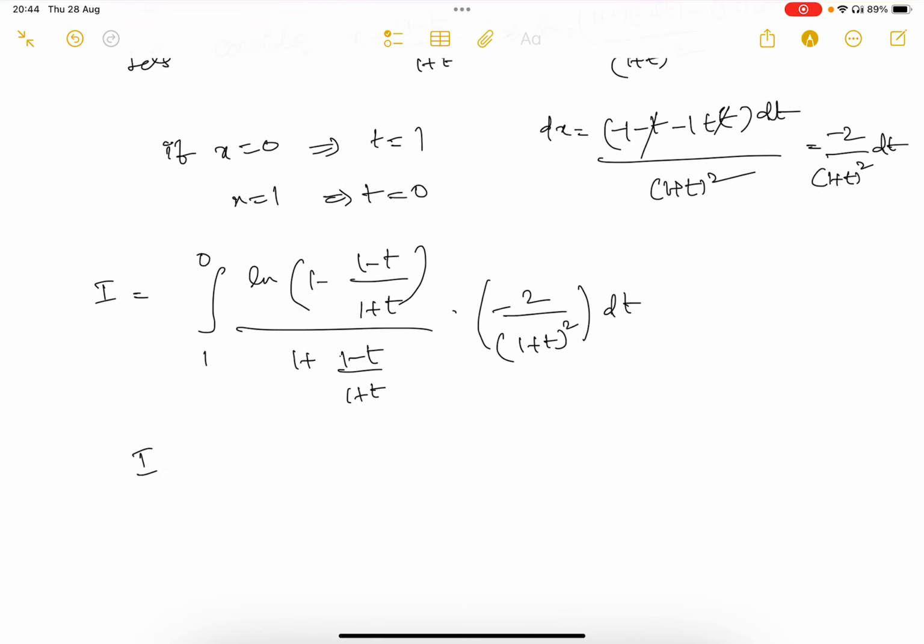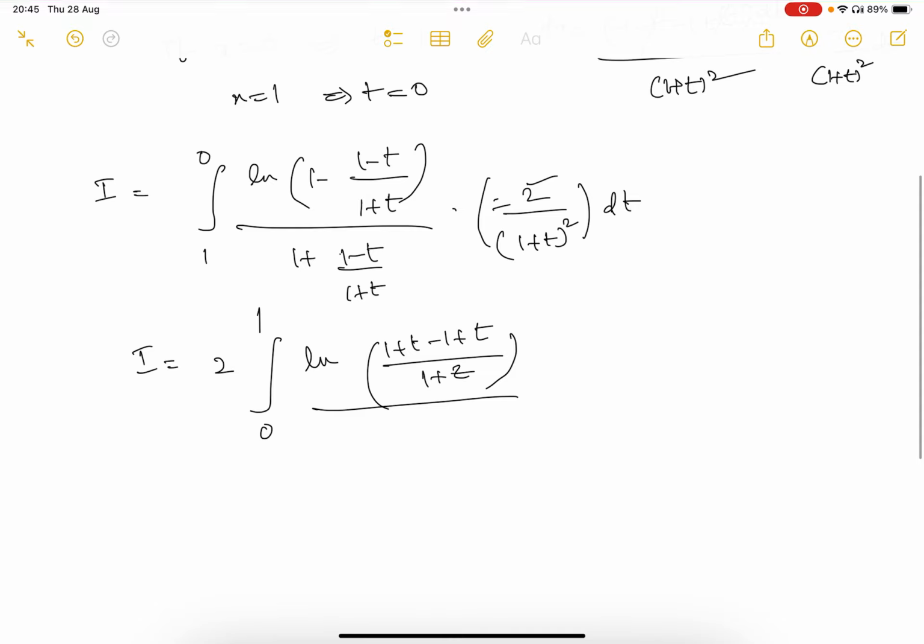So these two, bring it out of the integral. Because of this minus sign here, integral limits will get changed. Then this will be 0 to 1, then ln of (1 plus t minus 1 plus t) by (1 plus t) by (1 plus t plus 1 minus t) by (1 plus t), right?